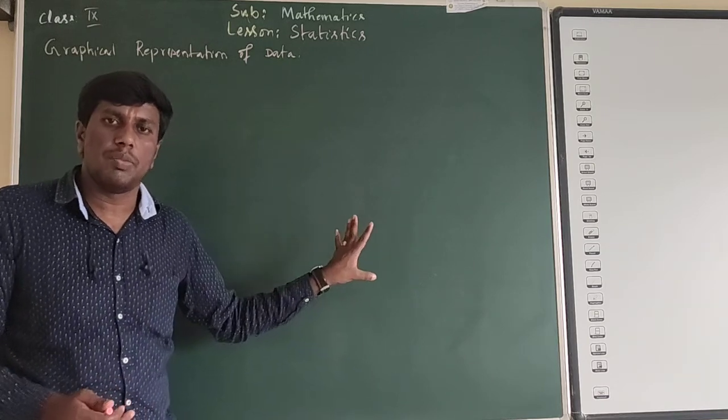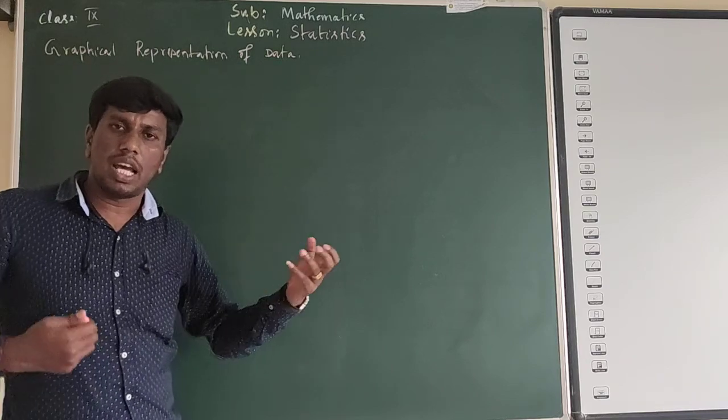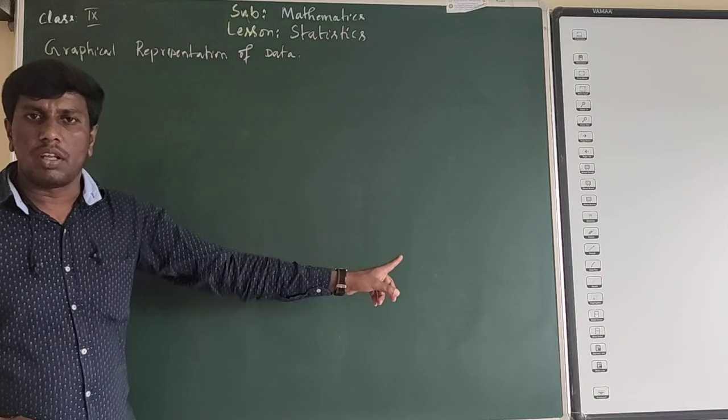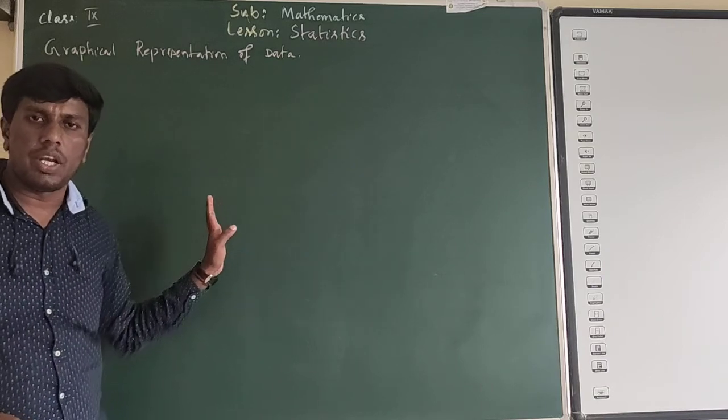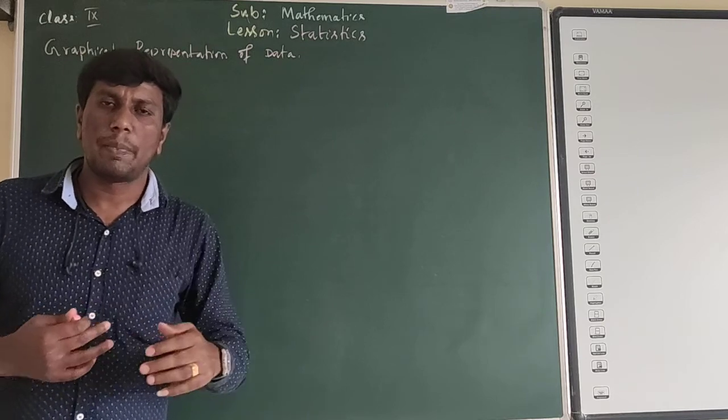Till now we have studied organizing the data, collection of information, and that collected information we are organizing in some manner. So what is the third step? Representation of data.